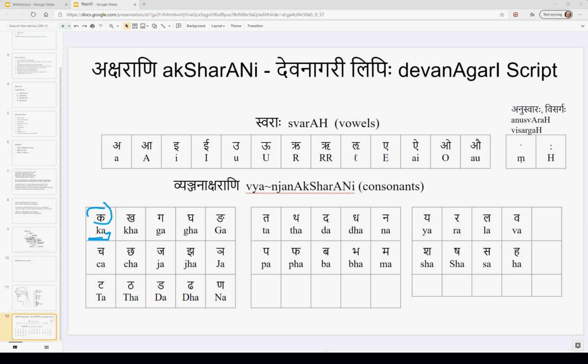So Vyanjana can either join with a vowel, or Vyanjana can join with another Vyanjana, isn't it? Yes, there can be multiple Vyanjanas together, as you can see in Sutra. Example, ka and ta, vakta, yukta.